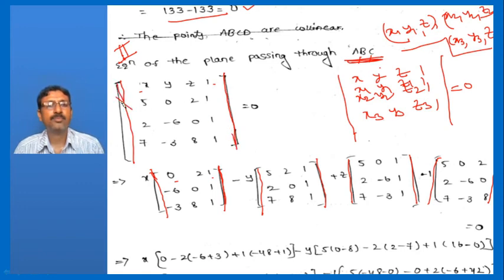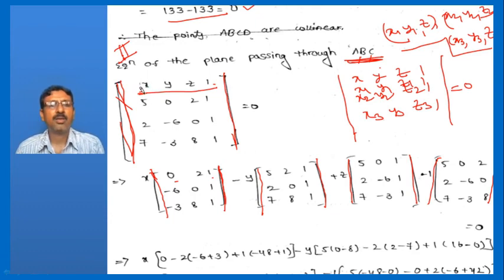I try to find the determinant of the 4x4 matrix, but it is not so easy to find a 4x4 determinant. So I have taken the first row as a base row to find the determinant of the matrix.